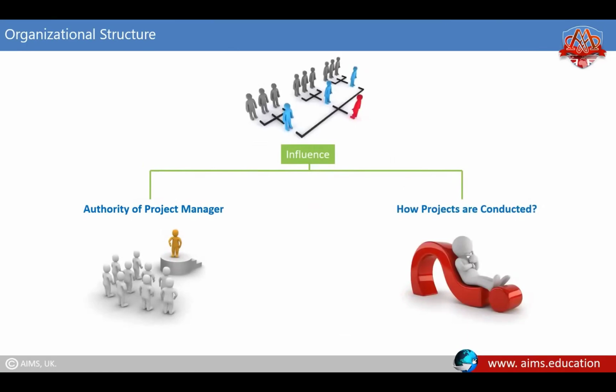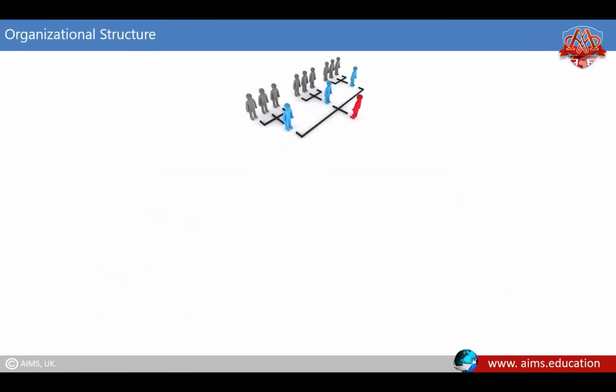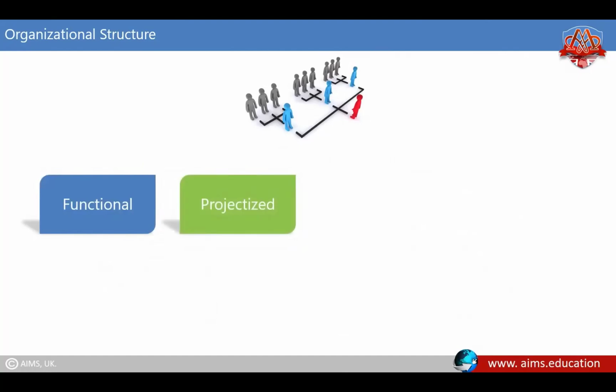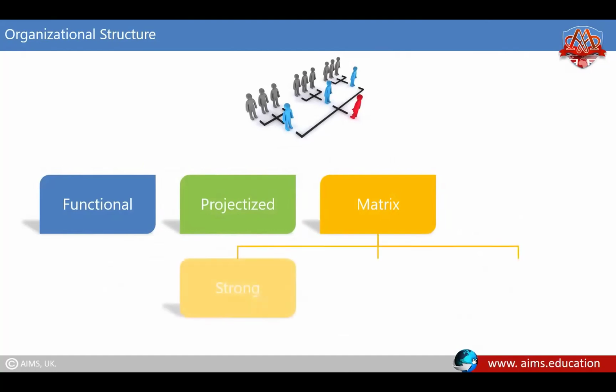All organizations are structured in one of three ways: functional, projectized, or matrix. Matrix organization structure is further divided into three types: strong matrix, balanced matrix, and weak matrix.